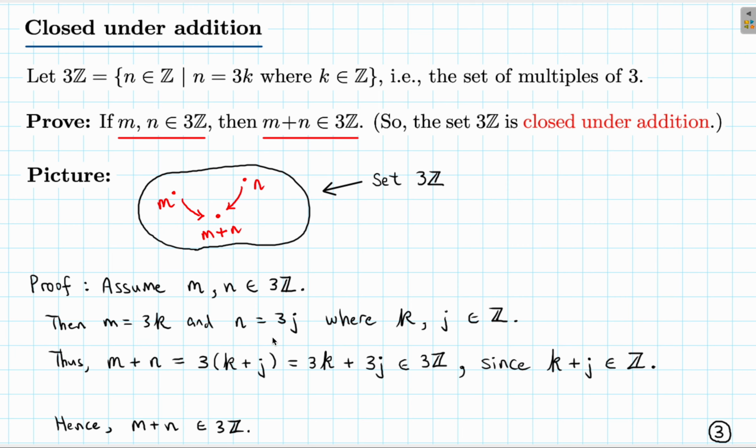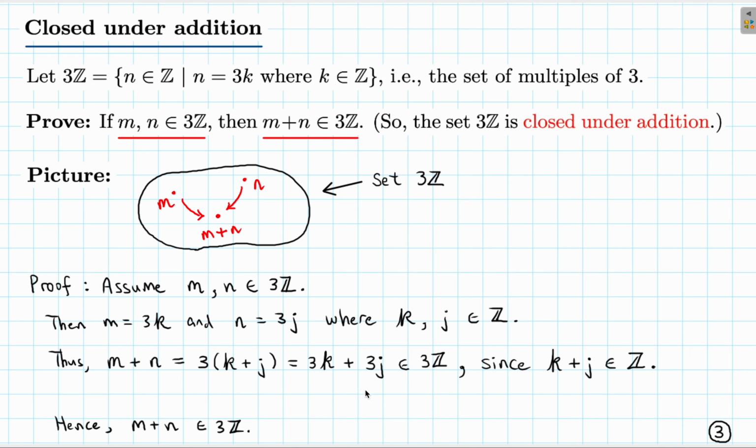And likewise, n is 3j, where j is an integer. And I also remark that here we can't say 3k and 3k for both m and n, because that would imply that m and n represent the same integer, but they don't have to. So let's use k and j here.